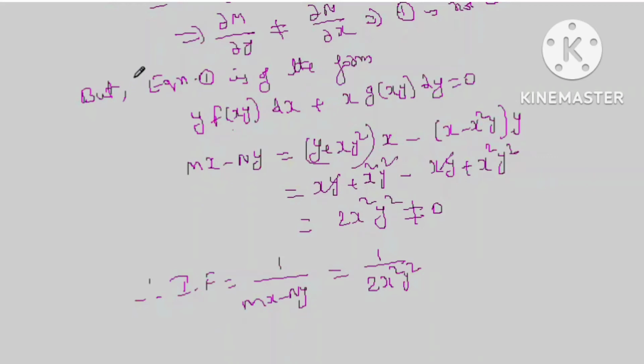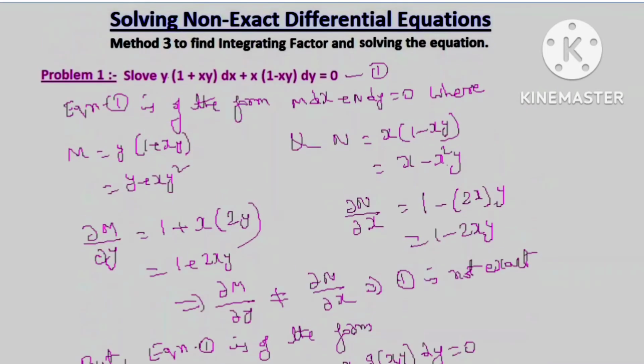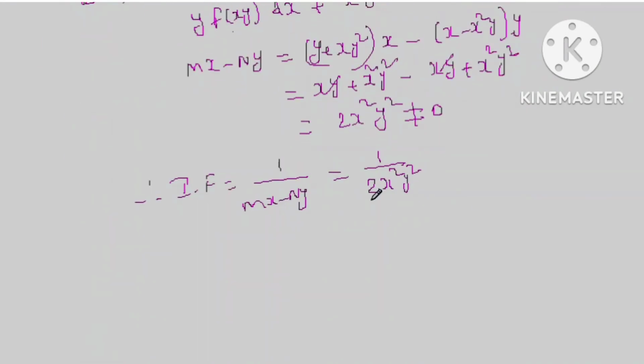Now what we will do? We will multiply the given equation 1 with this integrating factor 1 by 2x square y square, so that equation 1 gets converted into an exact differential equation, right?